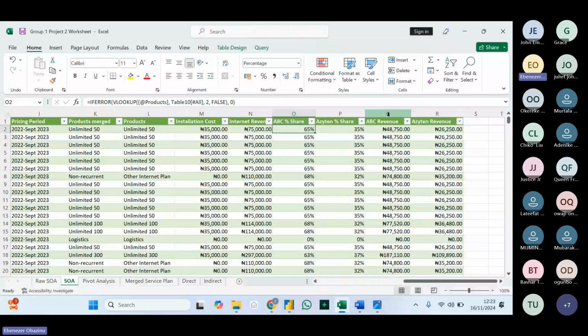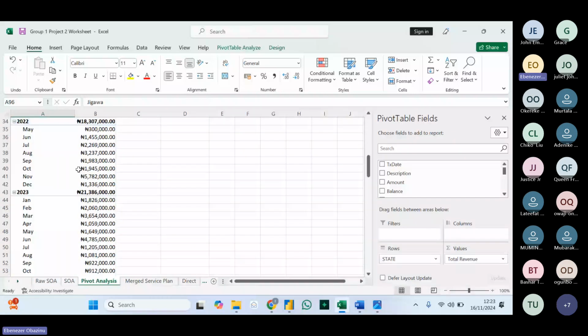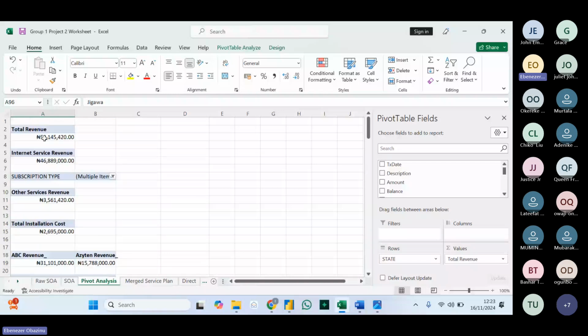So using this table, we did a little pivot analysis here. The total revenue, that is total revenue from internet service, from other services, and from installation costs, is 53.1 million. Then internet service revenue, that's the revenue from internet service only, is 46.8 million.